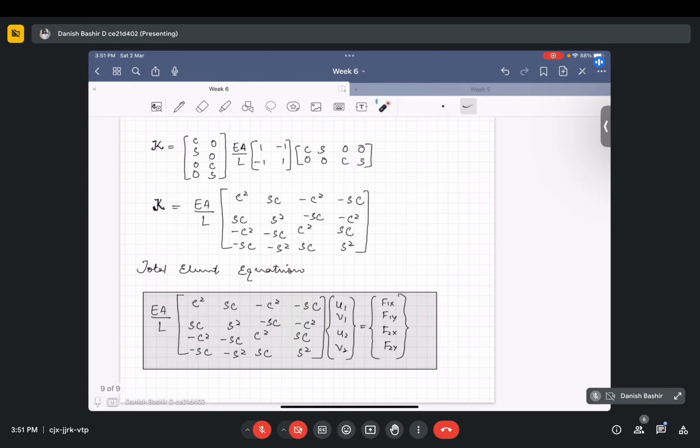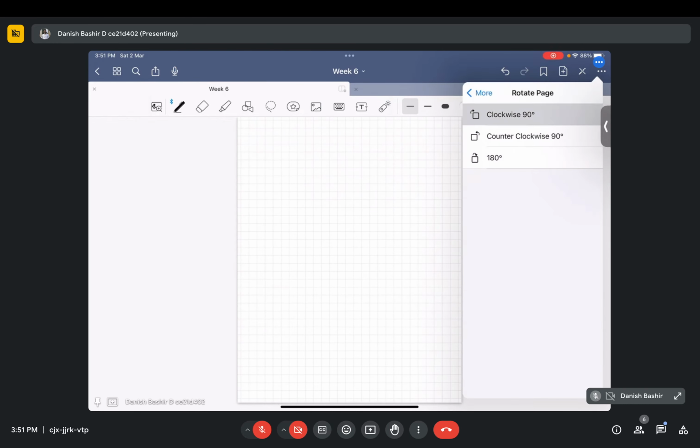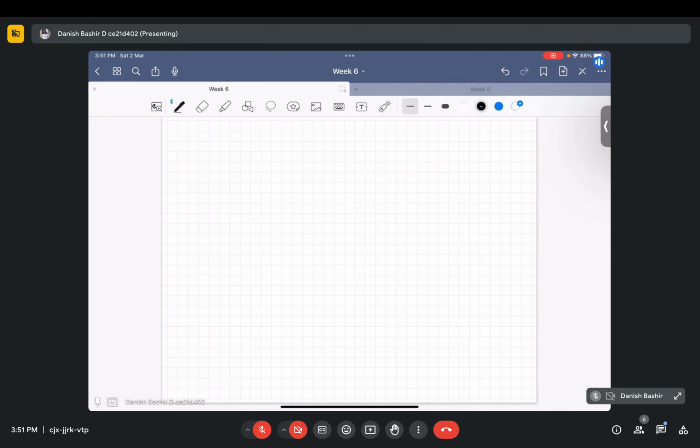Similarly, we can compute the strains and other things like this. Element strain is epsilon equal to 1 by L times minus 1 1 times d1 d2.